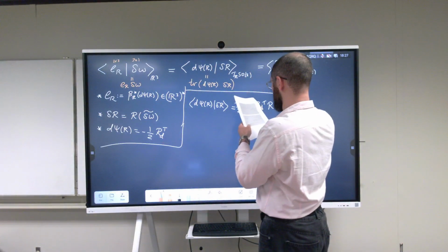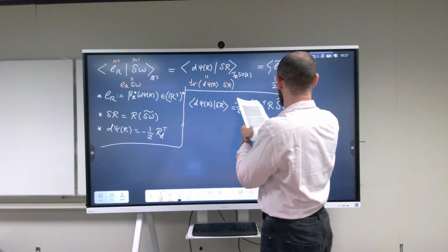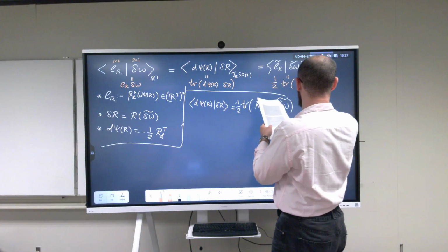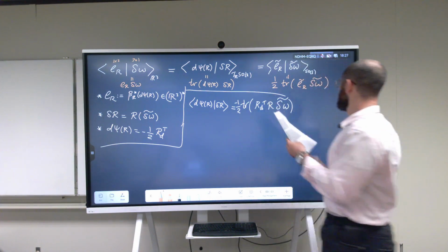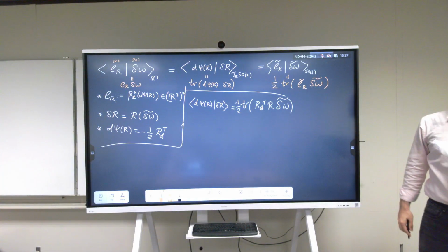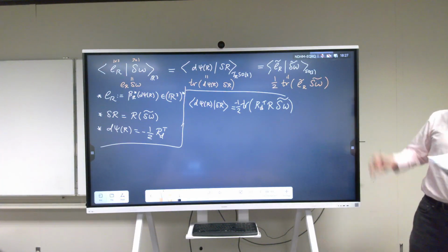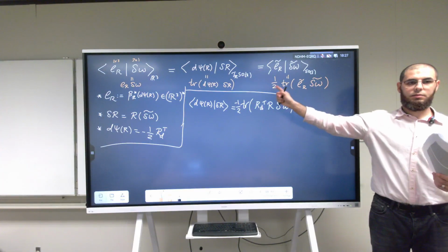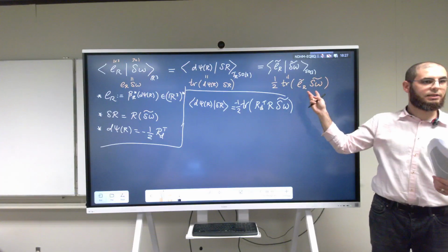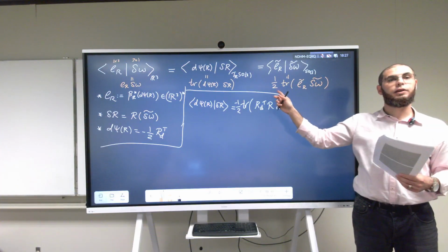So this is half trace of ER tilde delta R, delta omega tilde. There is something here that's changed, which is the half. It appeared here. We still have the trace of the two matrices, however, we have a half here.